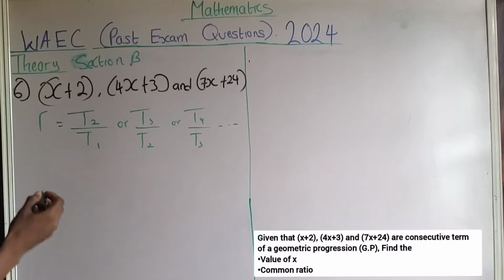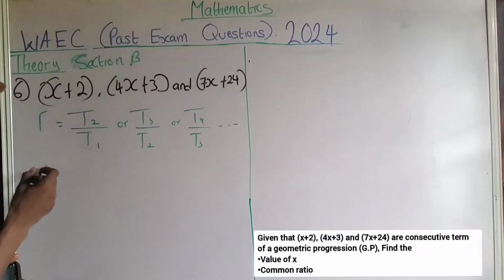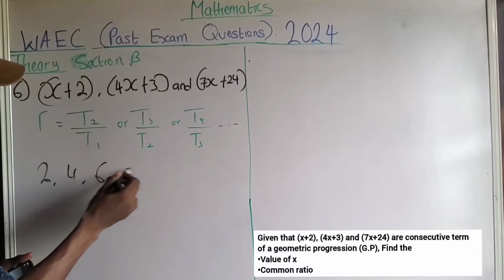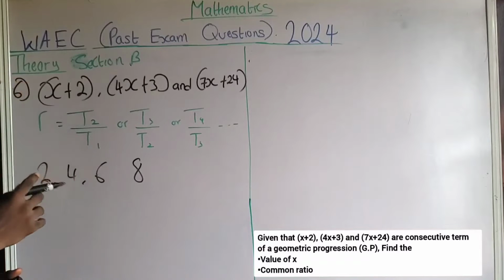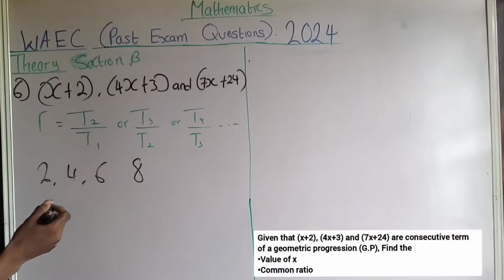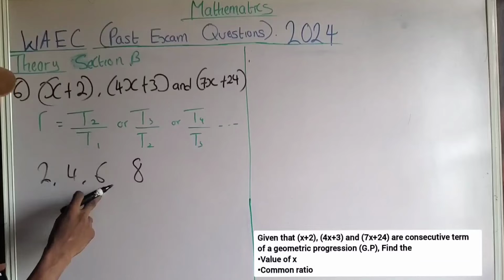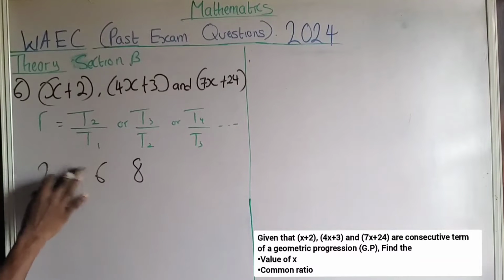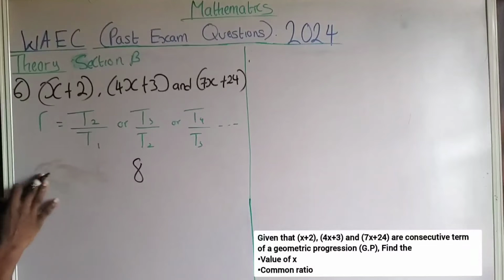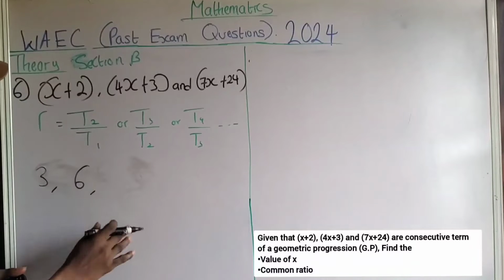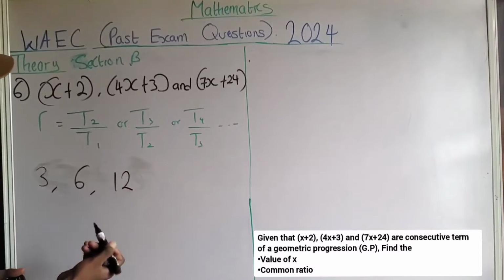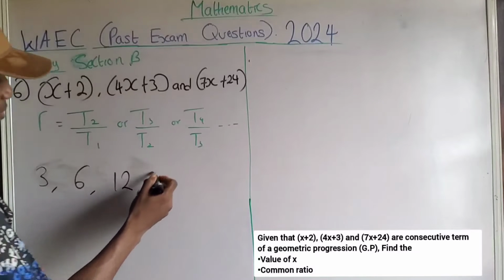For example, let's say we have 3, 6, after 6 we have 12, then after 12 we have 24.